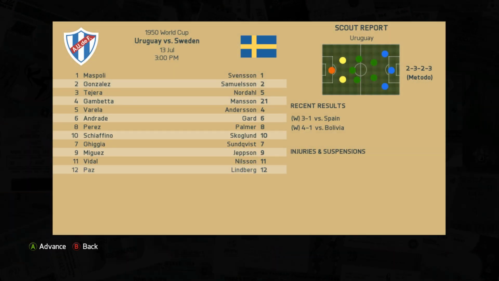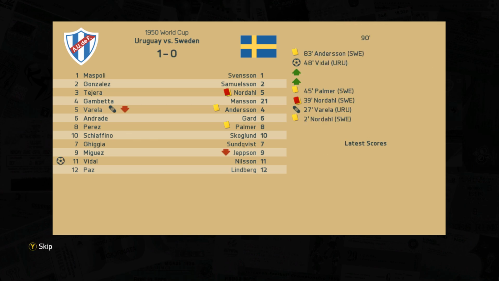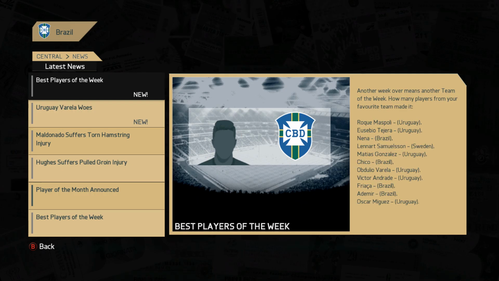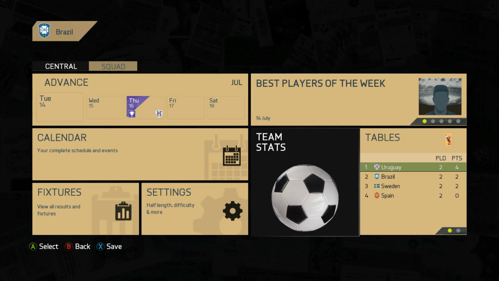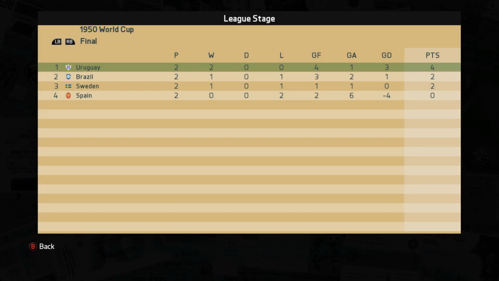So I'm going to sim Uruguay, Sweden. 1-0 win for Uruguay. Got it? So now the table is all level with all teams having played 2 matches each. So it doesn't alter the Spain situation. But now Uruguay are on 4 points.